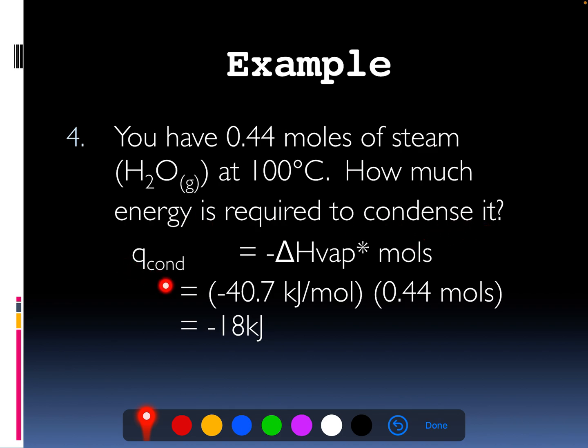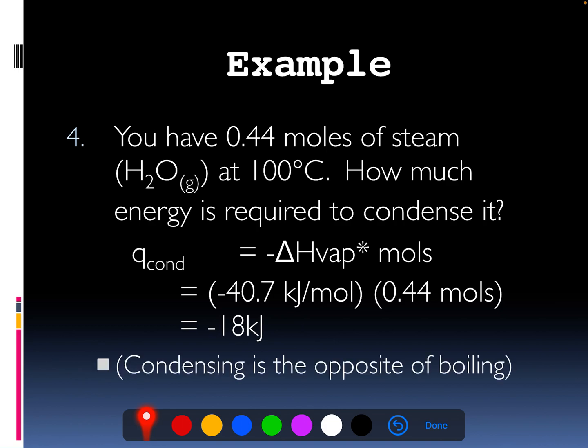So we have the heat of condensation. The only reason I put negative here is because I'm trying to show that it's losing heat. So we just use that heat of vaporization times the number of moles, and we end up with 18 kilojoules. So how much energy is required to condense it? The answer is 18, but you're removing heat. So that's why I'm going to put a negative 18.